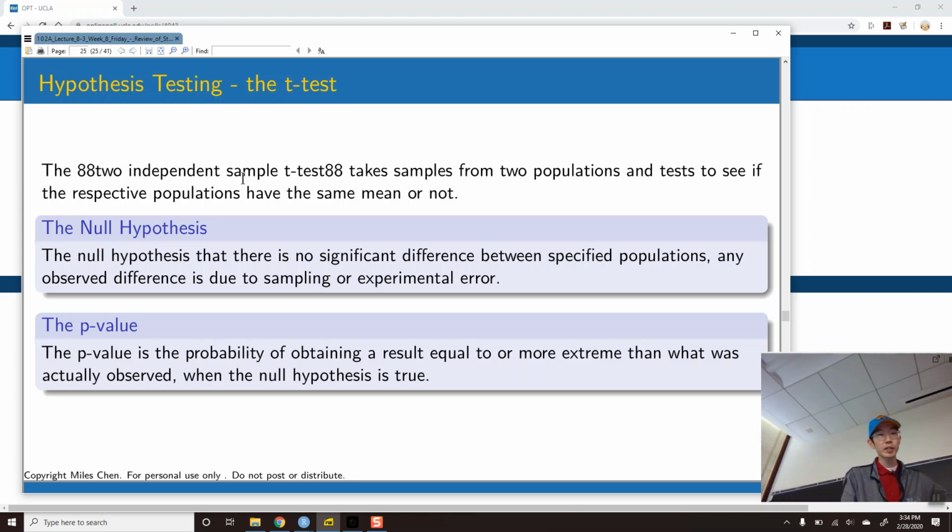And then the p-value, this is a definition that every graduate of statistics needs to know: the p-value is the probability of obtaining a result equal to or more extreme than what was actually observed if we assume that the null hypothesis is true. So if the null hypothesis is true, what's the probability of getting our observed data?